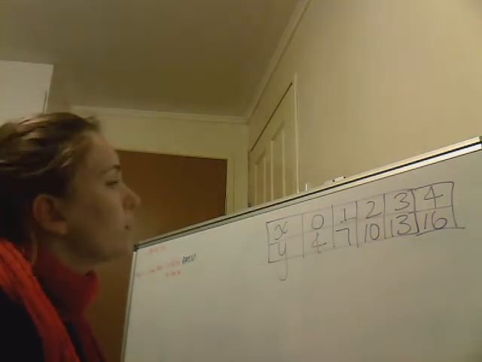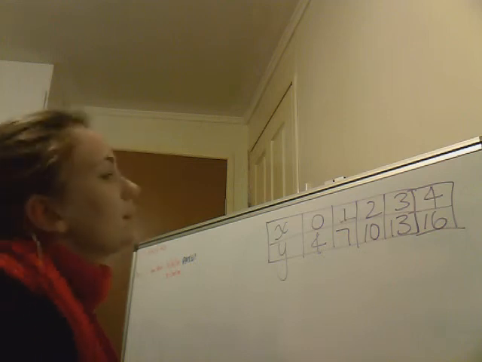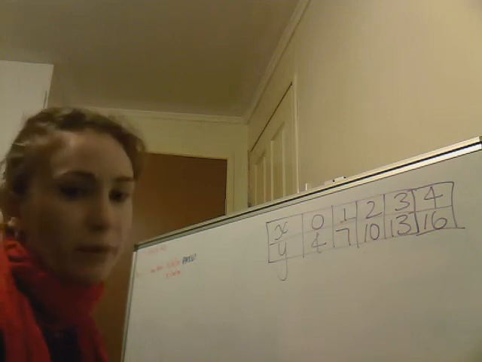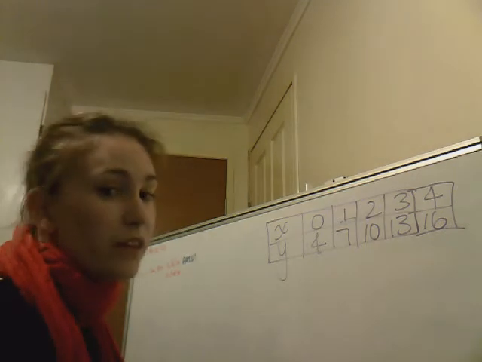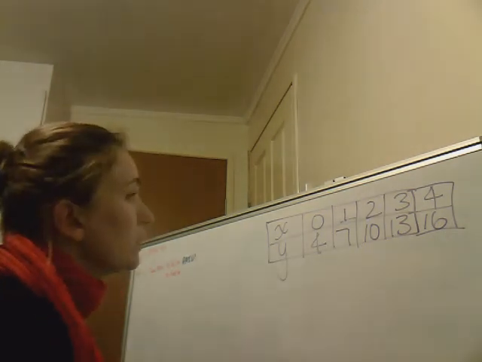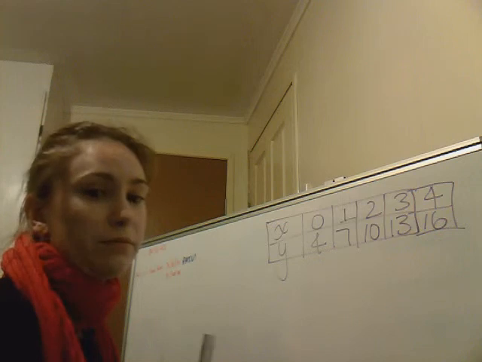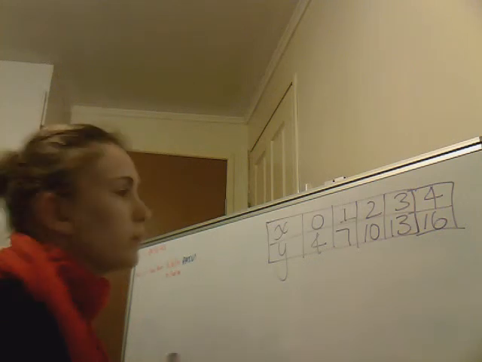So justify, what you need to do is describe that in words. You need to describe the relationship between these two variables, your x and your y. So you need to be looking for a pattern. What's a pattern we recognize?